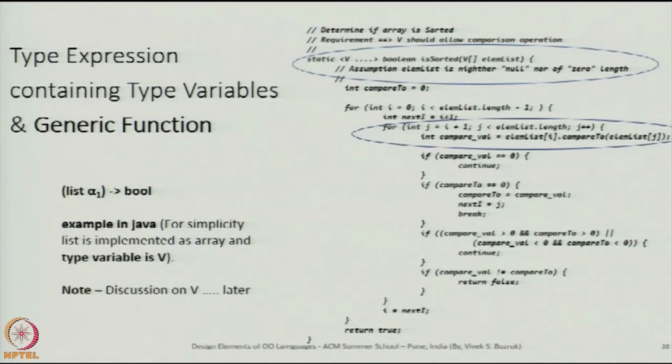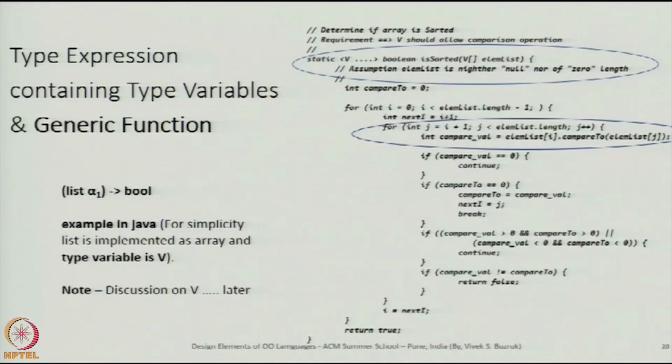So this is what we are saying, list alpha 1 to boolean. This is the first polymorphic example where we have introduced v as a type variable.